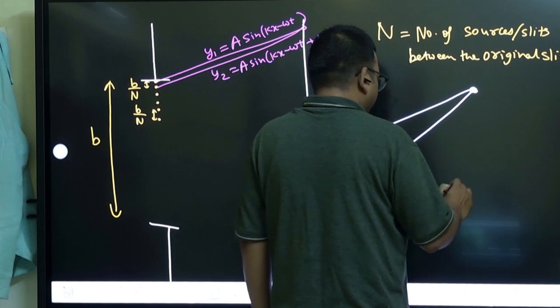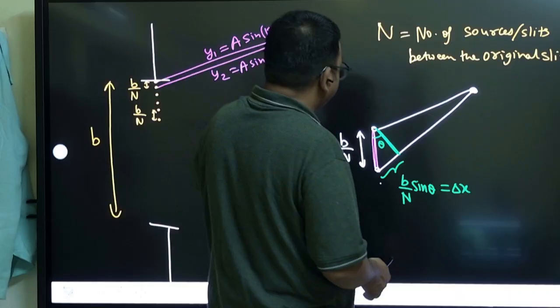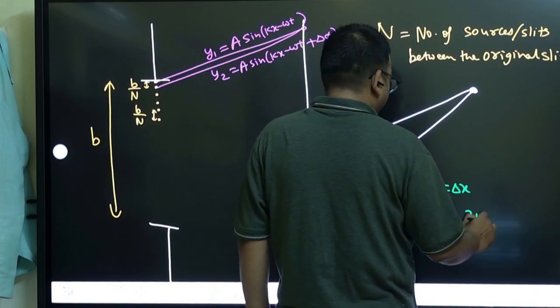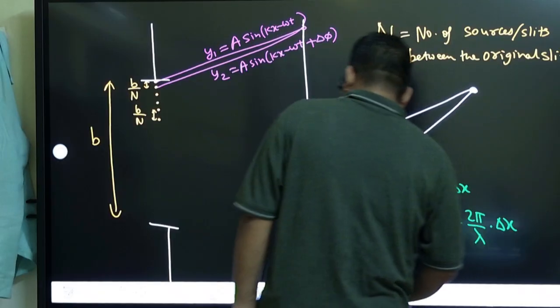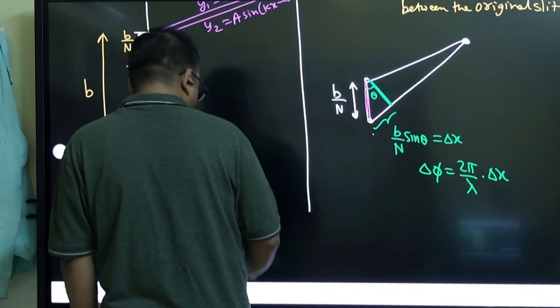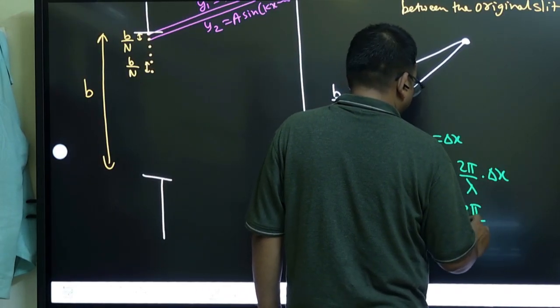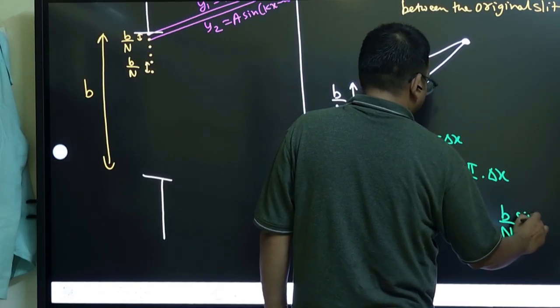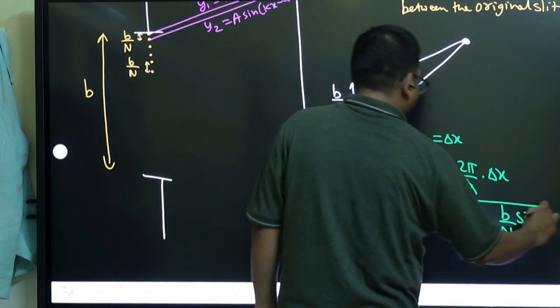Due to this small path difference, there will be a small phase difference. That phase difference is delta phi only. So this delta phi phase difference is 2 pi by lambda into path difference, right? So if I substitute that, we will get this as 2 pi by lambda into b by n sin theta. That is the phase difference delta phi.